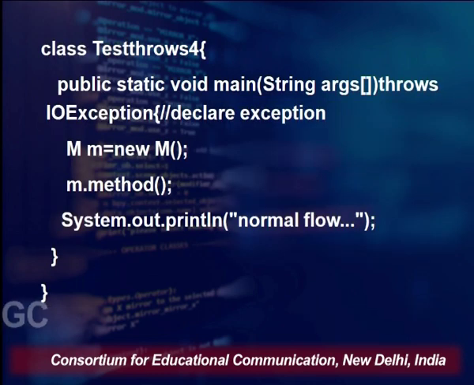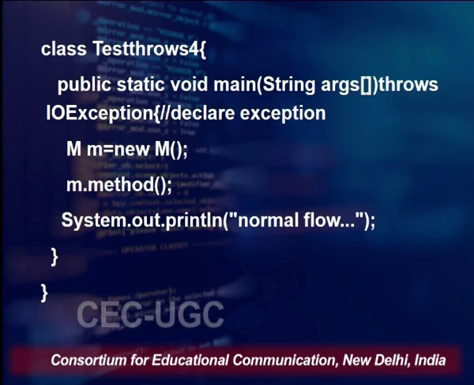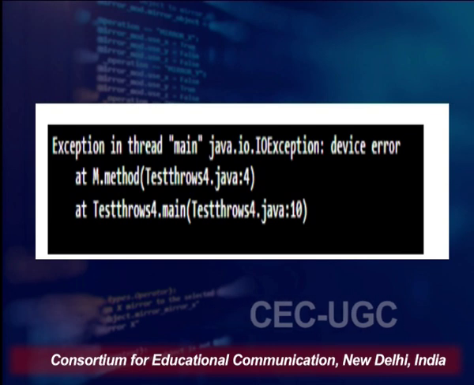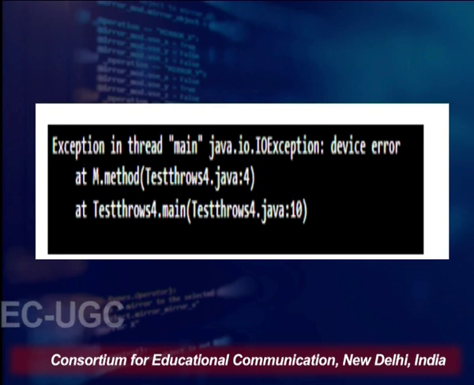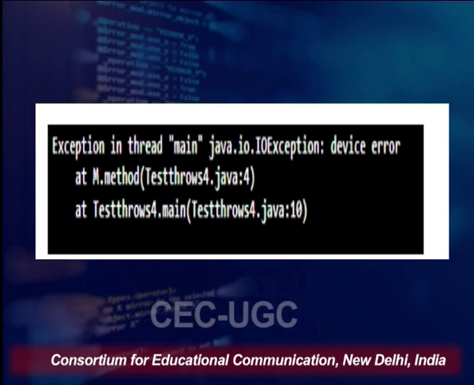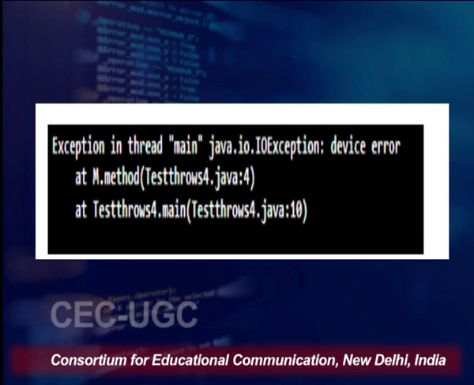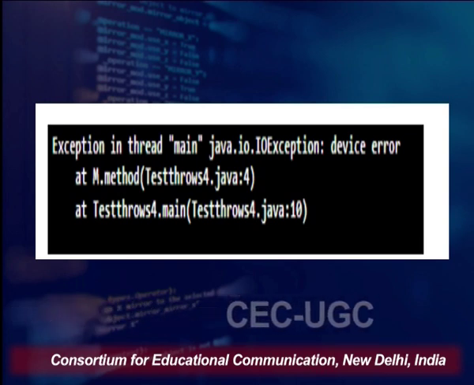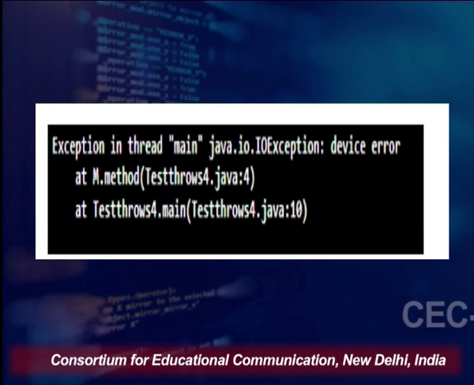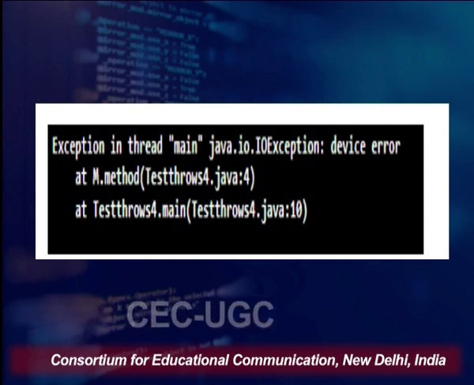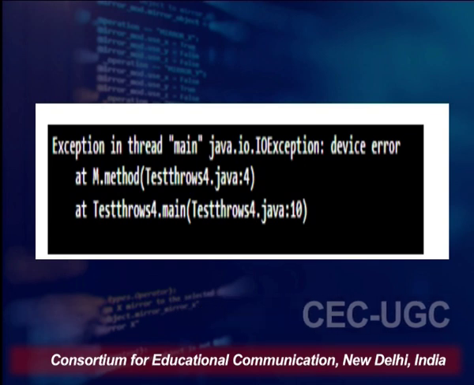That is why the statement "normal flow" is not printed here, because we have not provided any handling mechanism. In the previous program, with the help of try-catch, we provided a handling mechanism and the program terminated in a clean way. But here that does not happen, because we have not supplied any handling mechanism. The program didn't end with a clean termination, and hence the last statement "normal flow" is missing.